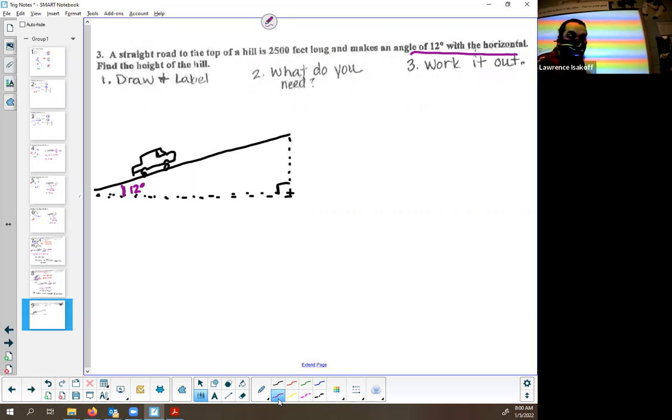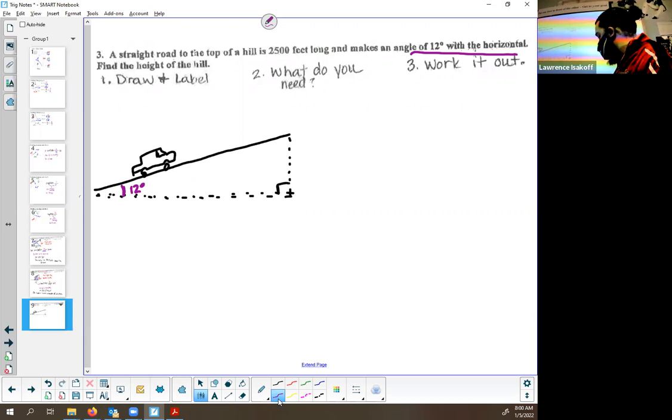Most times, unless it's a scenario where we're looking downwards, we're going to be making an angle with the ground. I don't want to say every word problem is at the ground, but in a lot of them they do. So a lot of times it will be this angle that seems to be meeting up with the ground. Great question.